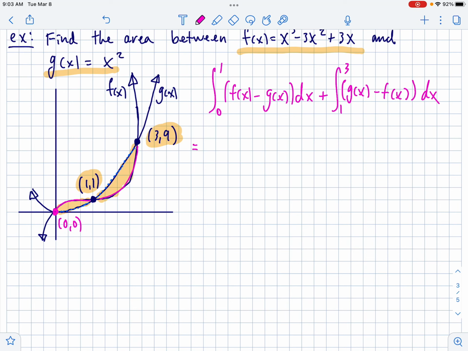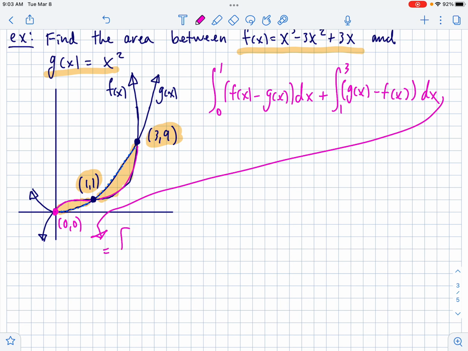So this whole thing will be equal to plugging in the f of x and g of x. Oh, I'm going to run out of room. Okay, we got to shift it down a little bit, you guys.